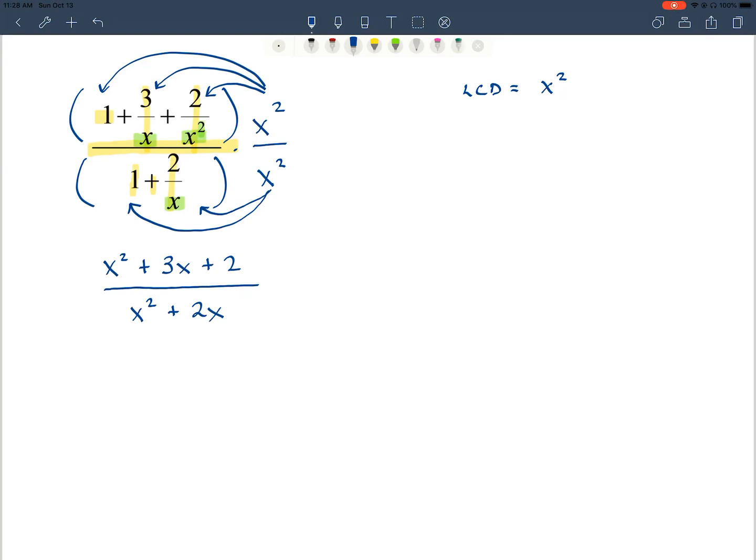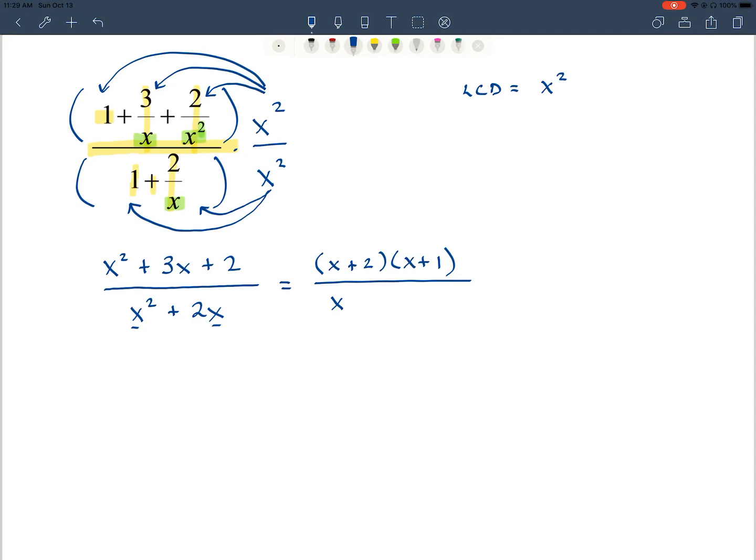Now this one, since we're dealing more with polynomials, we have to look at this now and say, hey, can this simplify down? And in order to do that, we're going to need to see if they have any common factors between the numerator and the denominator. So let's go ahead and factor the numerator. It should factor into x plus 2 times the quantity of x plus 1. And the denominator here, it looks like we have a common factor of x.